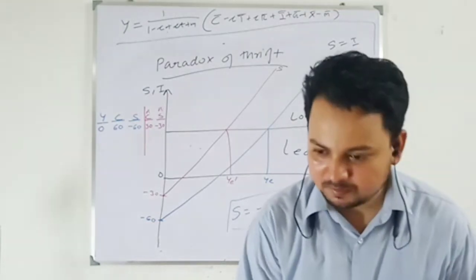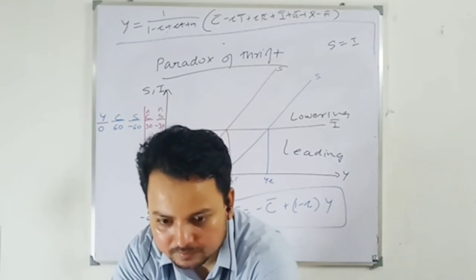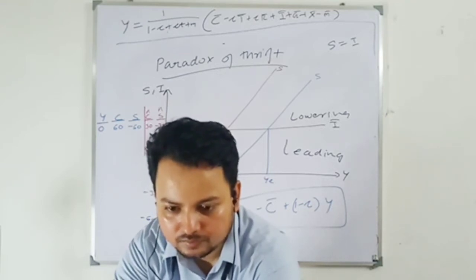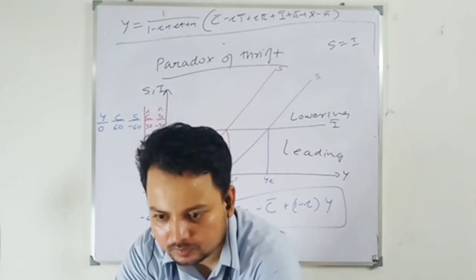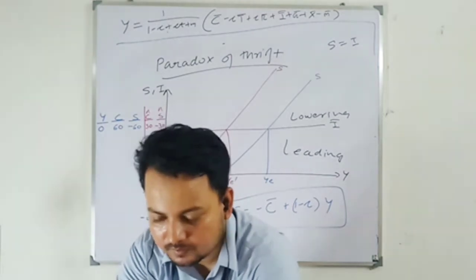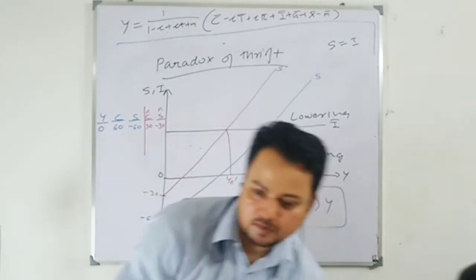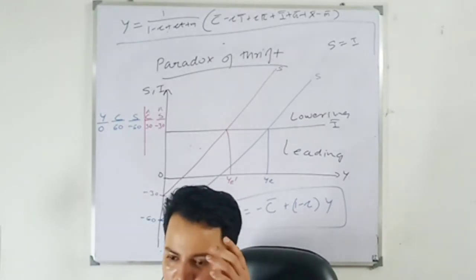Yeah, balanced budget multiplier is done. Let me check, 1 minute. I will take 20 minutes more, then I will finish.